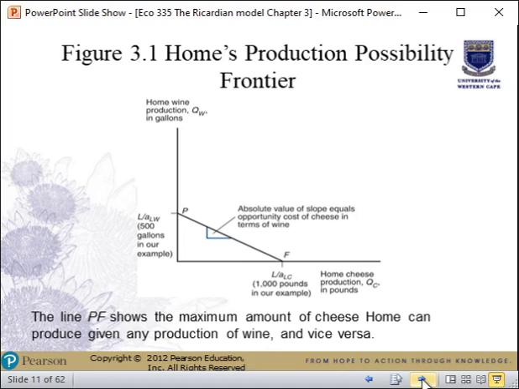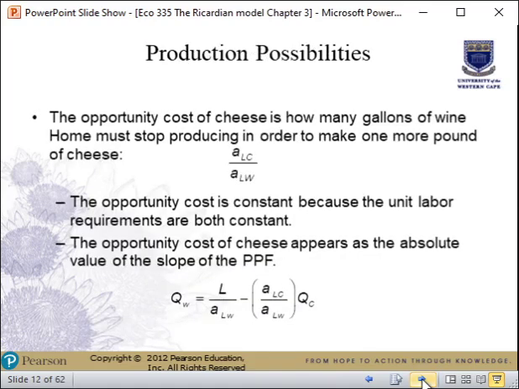The straight line PPC curve we saw in 3.1 reflects a constant opportunity cost, meaning the value or amount of resources we give up to produce one extra unit of another good remains the same as one moves along the production possibility curve.